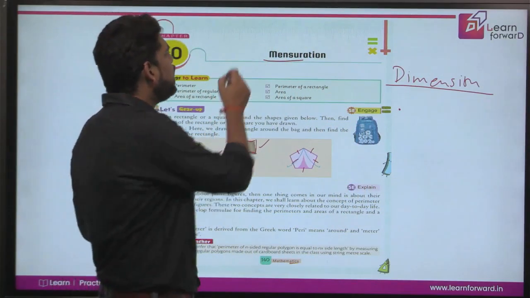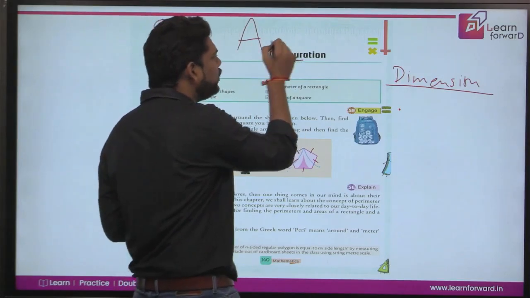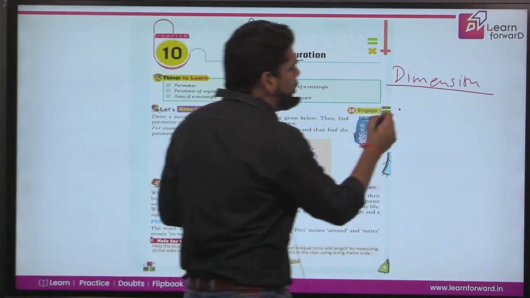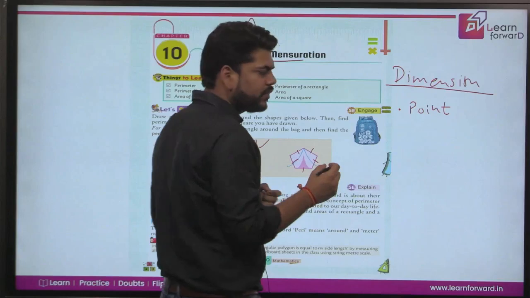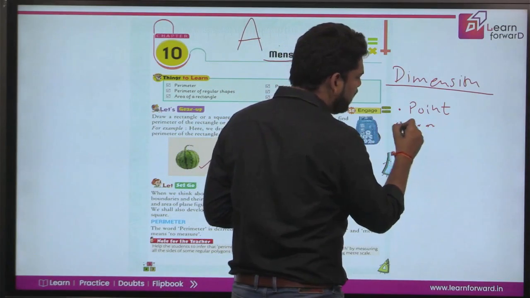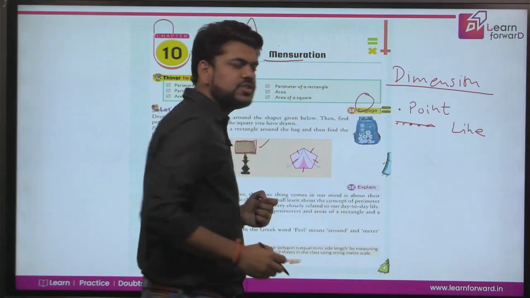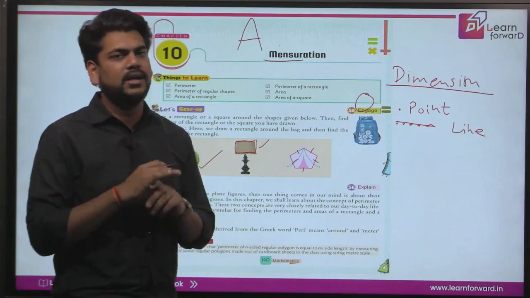Even if you are writing the alphabet A, you start with a point and then you draw a line, right? So point is the first thing that we study in geometry. When many points join together, they form a line. A point is 0-dimensional because it does not have any length, breadth, or height, nothing.